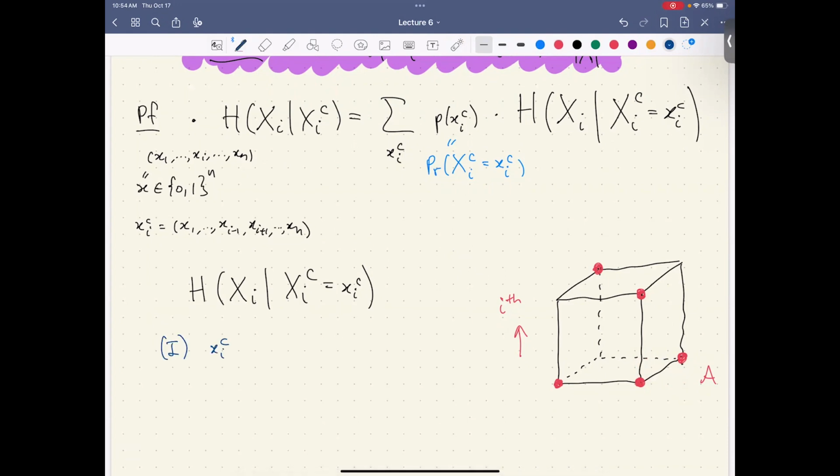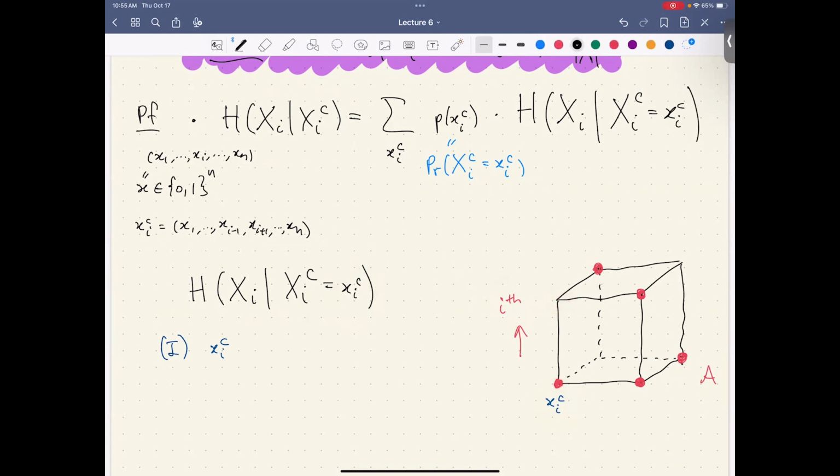If this x_i^c does not support an edge of A, meaning that the other side in the i's direction is not in A, then upon revealing that the other choices is this guy, we know that the i's coordinate of x_i has only one choice. It can only be here because on the other side there's no choice, right?